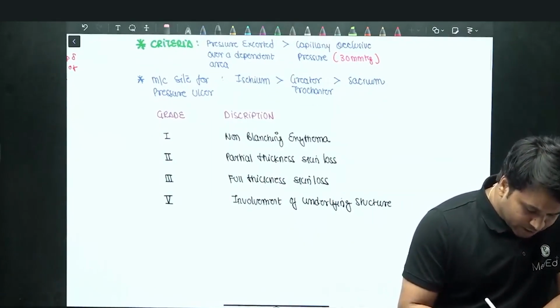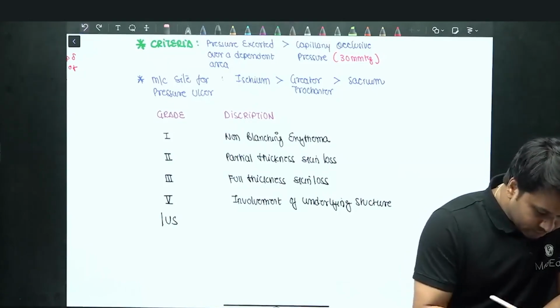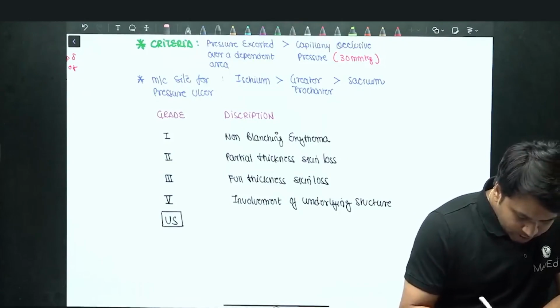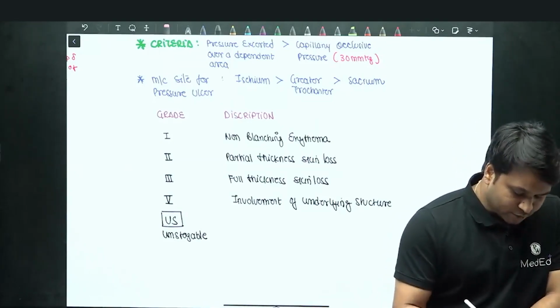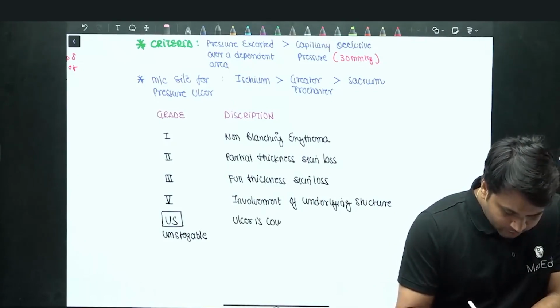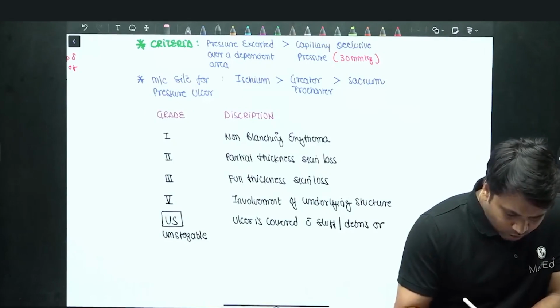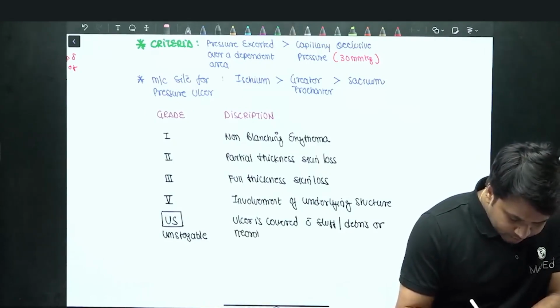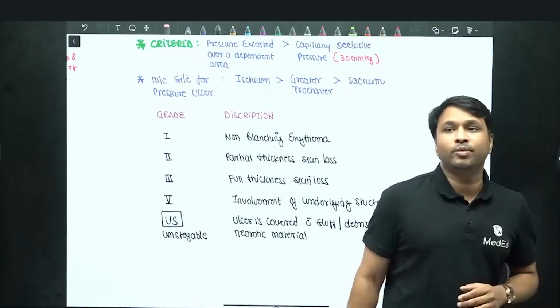And then there is something called US. US stands for unstageable. When we say unstageable, that means an ulcer covered with slough, debris, or necrotic material, because the true depth of the ulcer cannot be assessed.